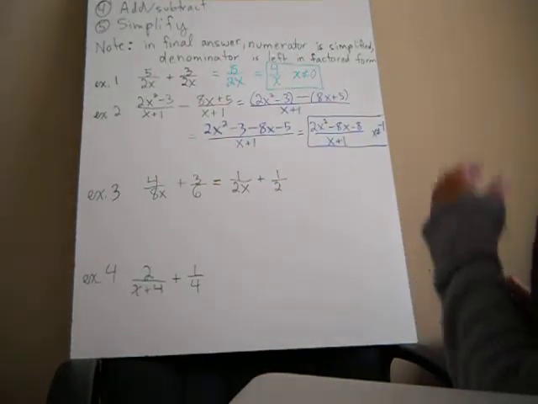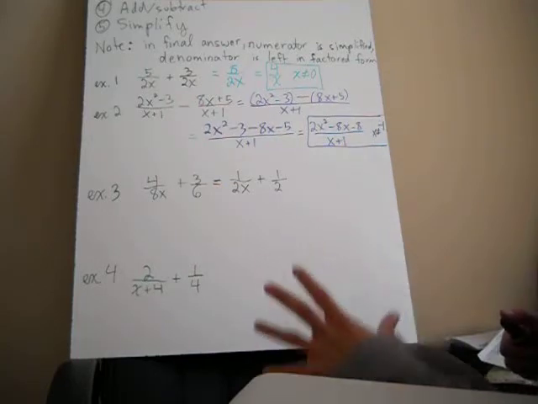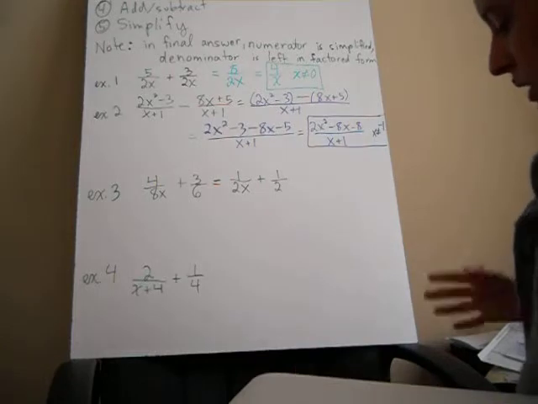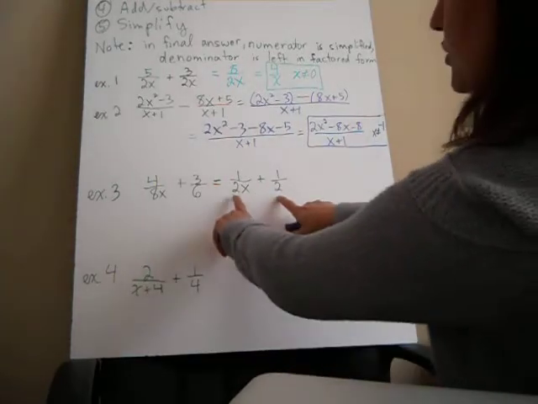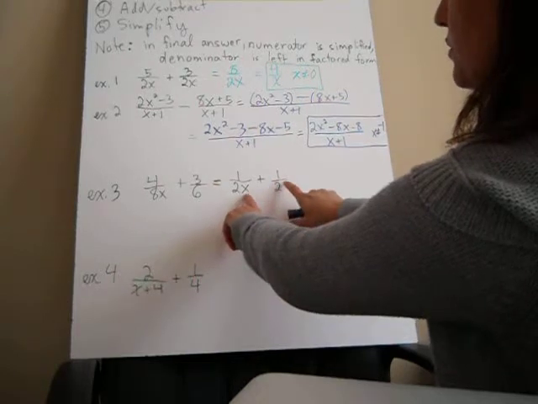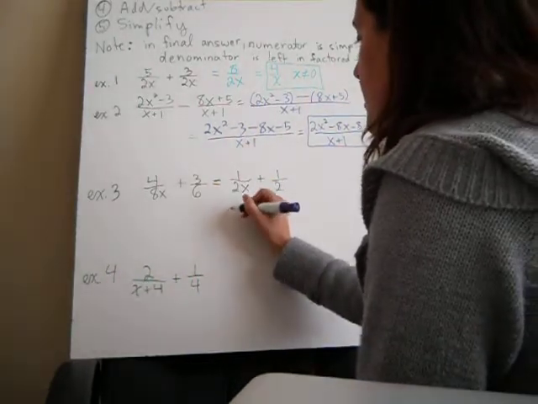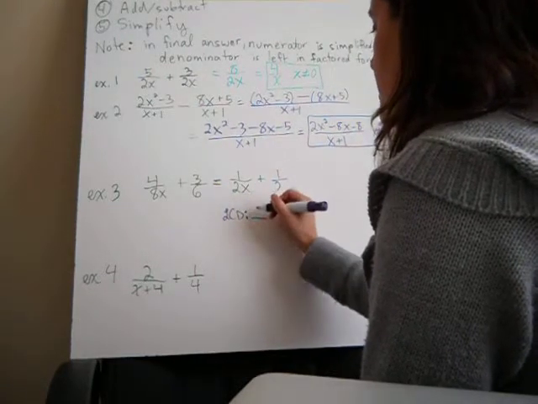Now LCD means the least thing that they can possibly have in common. But you can't take away things, really. You can only make things bigger. So they both have a 2, but what this one is missing is an x. So the least common denominator that we can possibly have is going to be 2x.